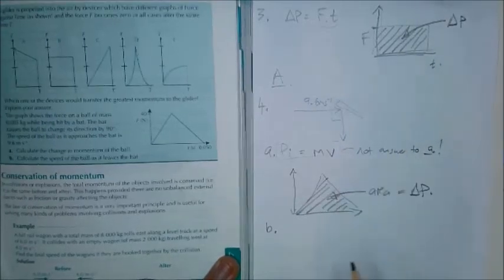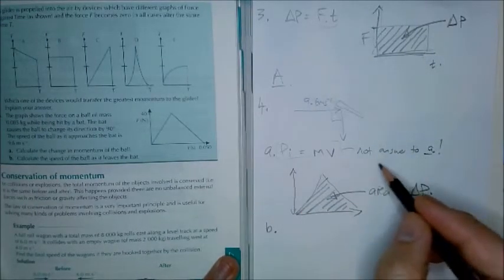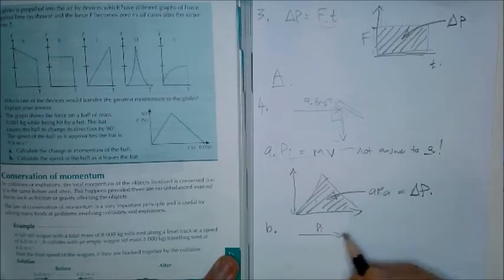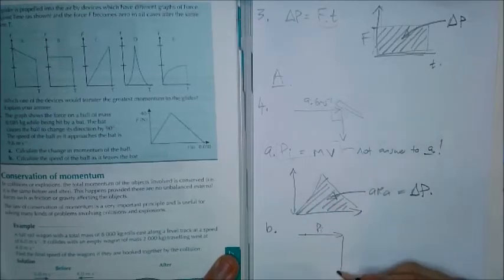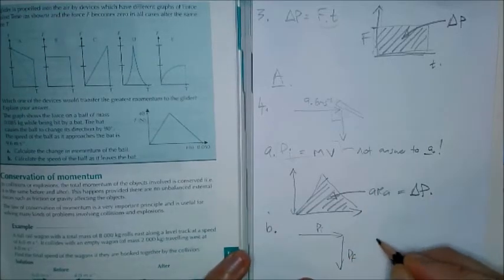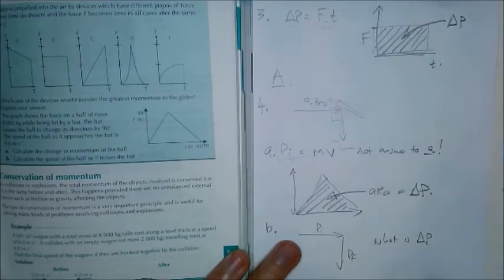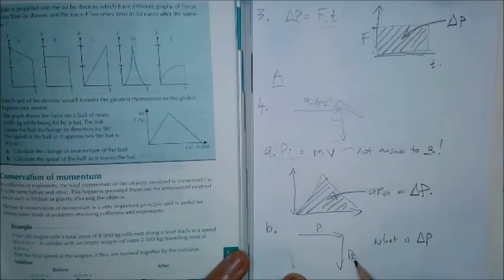So what you're going to do is say, okay, it comes in, I'm going to calculate using pi. It comes in at pi, it goes out with pf. Therefore, what is delta p? That will give you a magnitude. You'll have a magnitude of pi and a magnitude of delta p, and that will give you pf.